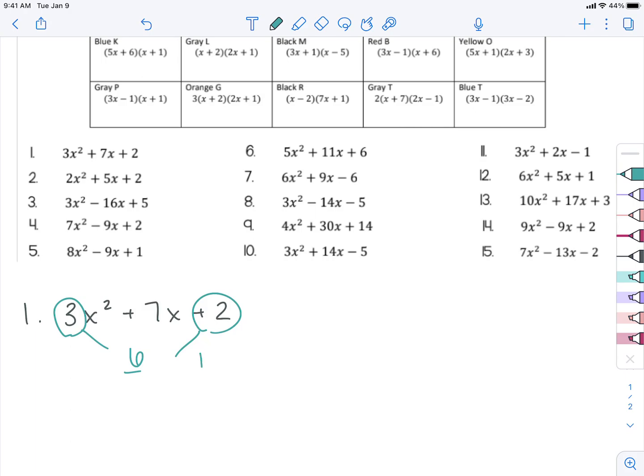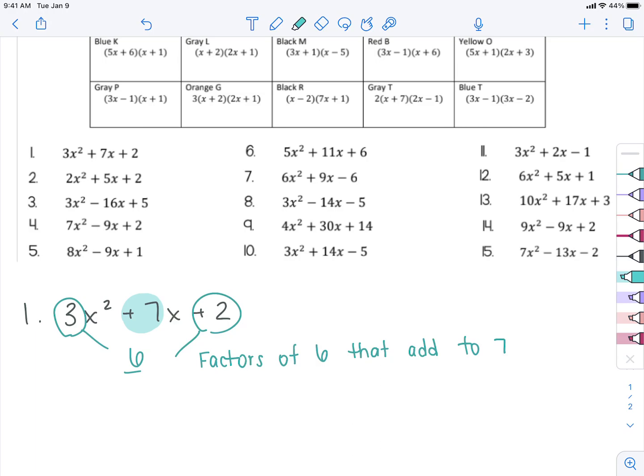So I'm looking for factors of 6 that add to 7. And I know I want them to add to 7 because I always want to add to whatever my coefficient is in front of x. So I take my two numbers, I multiply them, and then I'm looking for two numbers that multiply to 6 and add to 7.